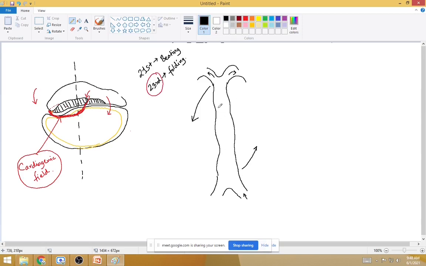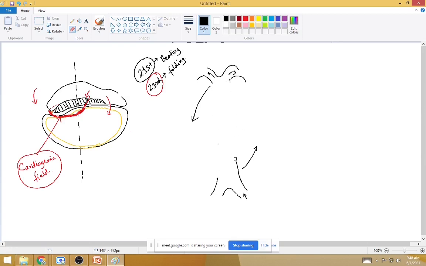Now you see, while this is happening, the heart has already started beating on the 21st day, and now it is being divided into different chambers. When this folding is happening, there are also some swellings, and some structures are formed.